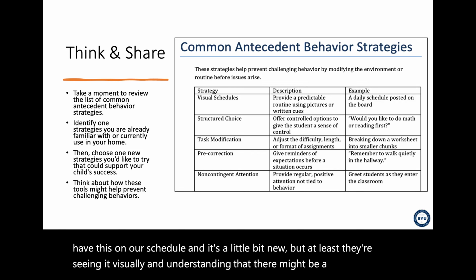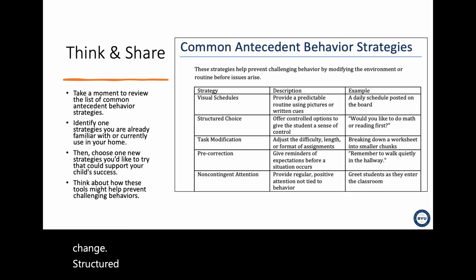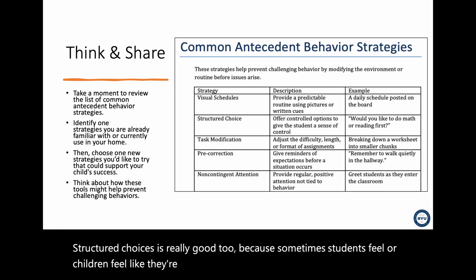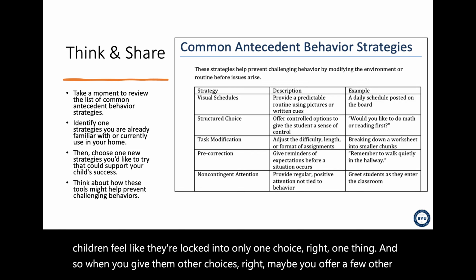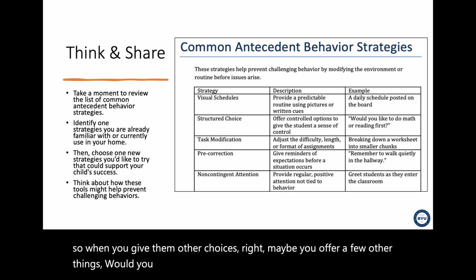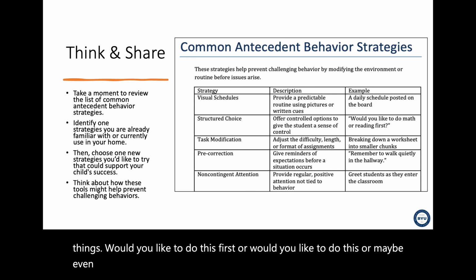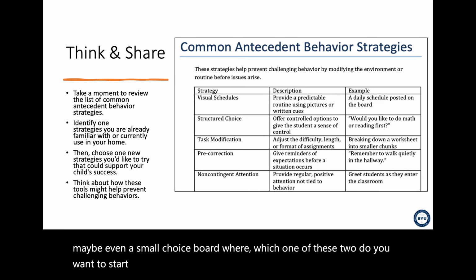Structured choices is really good too, because sometimes children feel like they're locked into only one choice, one thing. So when you give them other choices, maybe you offer a few other things: would you like to do this first or would you like to do this? Or maybe even a small choice board, where you ask which one of these two do you want to start with?